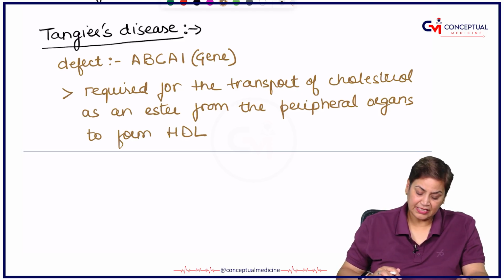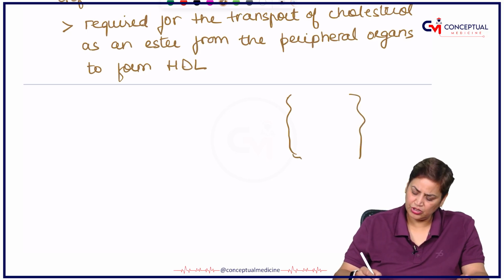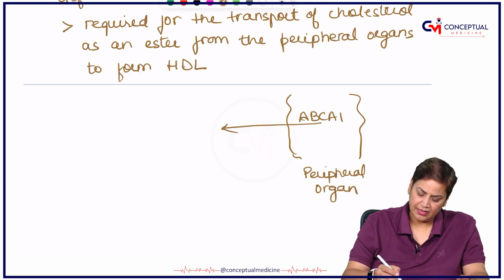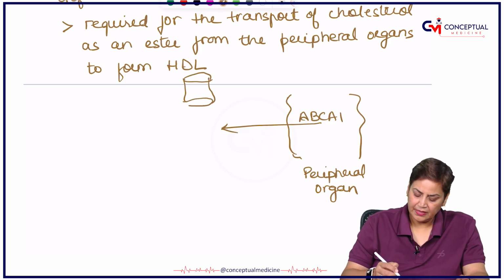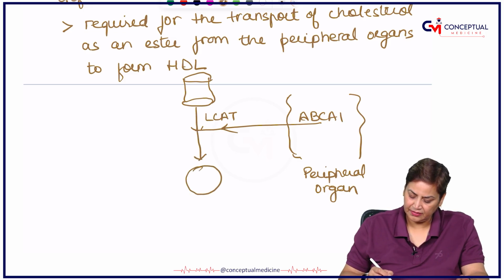That means if there is a defect in that, say this is your adipose tissue, or I would say peripheral organ, and this gene ABCA1, from here this HDL is coming, which is actually discoid. When the LCAT enzyme or ACAT enzyme combine with it, it is converted into spherical HDL.